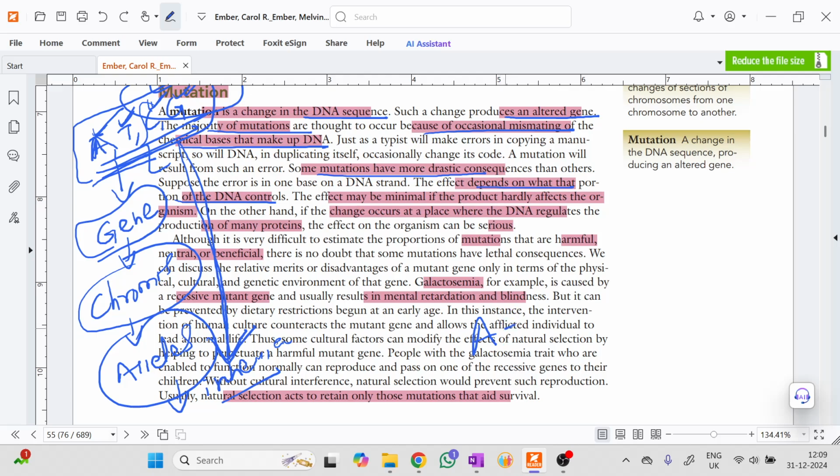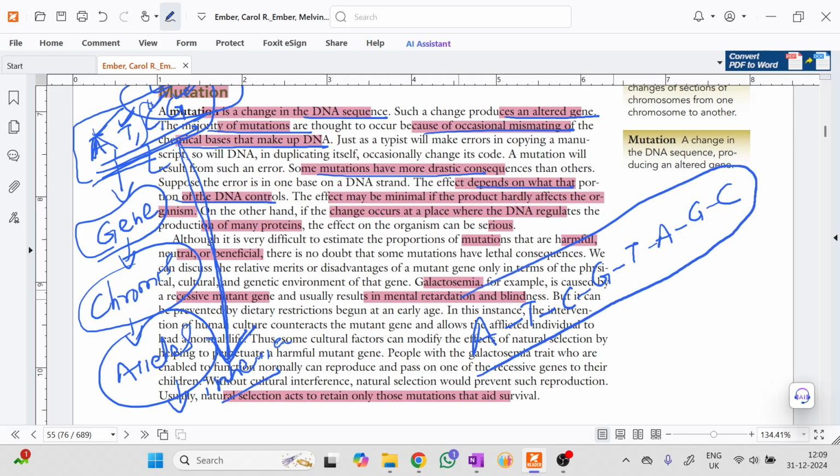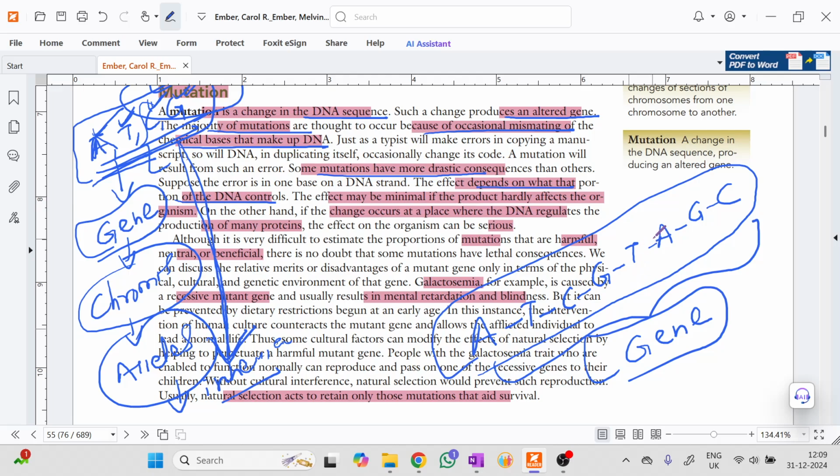As I have said, DNA is nothing but repetition of this unit, and any section or portion of DNA can form a gene. There are many sections or portions of DNA which do not manifest, which do not express in anything.